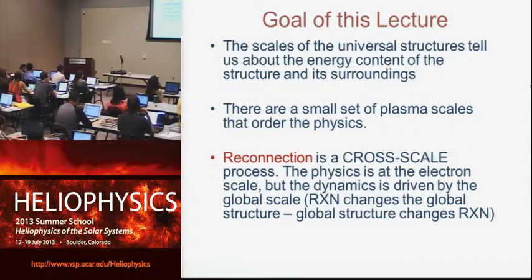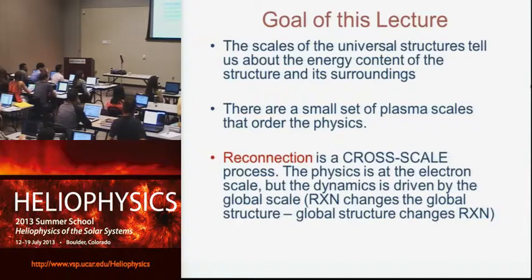And then the other point, and what you'll hear about after the introductions, is reconnection. So reconnection is a cross-scale process, in that you have scales that are important for reconnection.